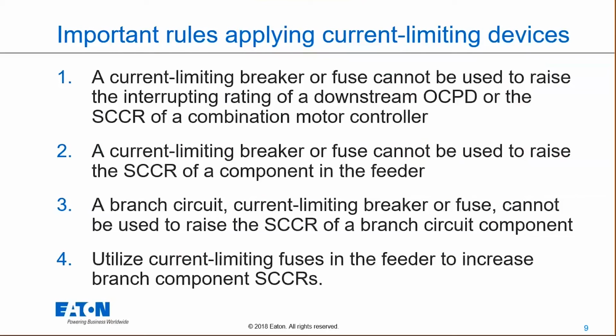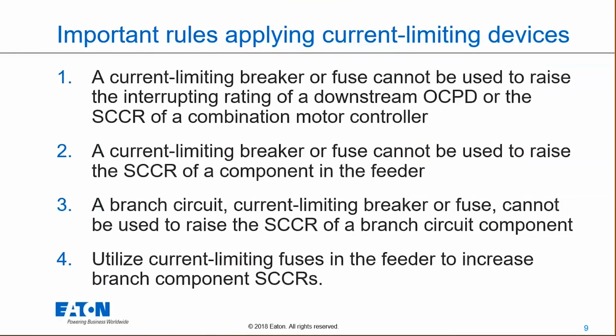So if I have a power distribution block that's normally rated only at 10 kA, but if I put a fusible switch in here with Class J fuses, I may be able to get up to 100 kA. I need to know that. What I can't do is it has to be listed on the device itself. It just can't be used by the method of looking at the let-through currents. All right, so that's in a feeder.